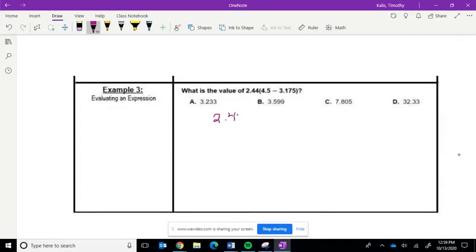I'm going to rewrite the problem and take 4 and 5 tenths minus 3 and 175 thousandths. I'm going to do this first.